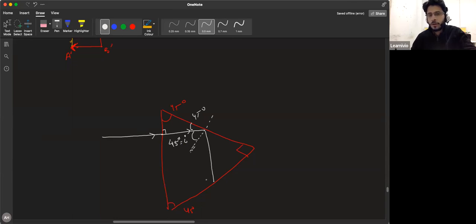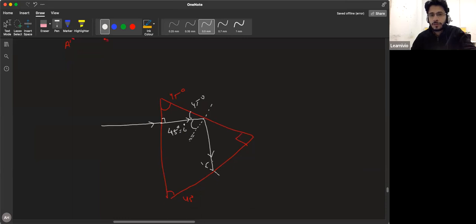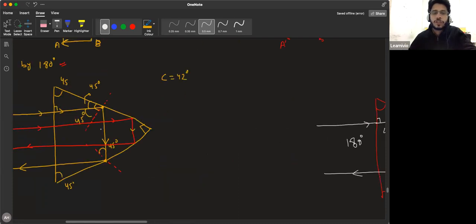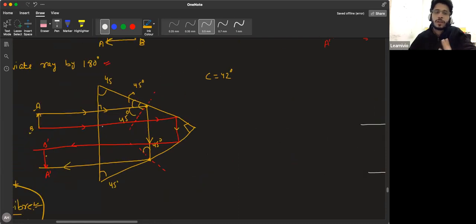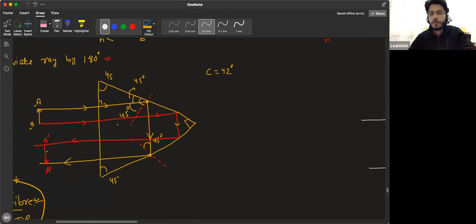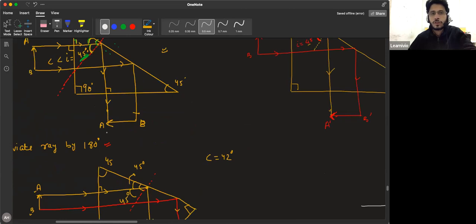If this is the normal and this is your angle of incidence, it is again 45 degrees. It will undergo one more TIR and the ray will reflect back into the same medium. So the ray will deviate by exactly 180 degrees. If you just change the orientation of the prism, it can deviate your ray by 180 degrees also. Just take a screenshot of this.